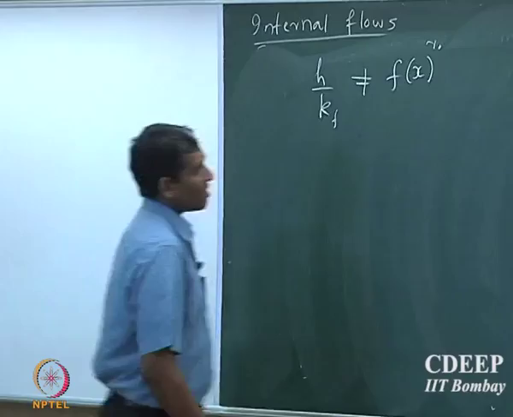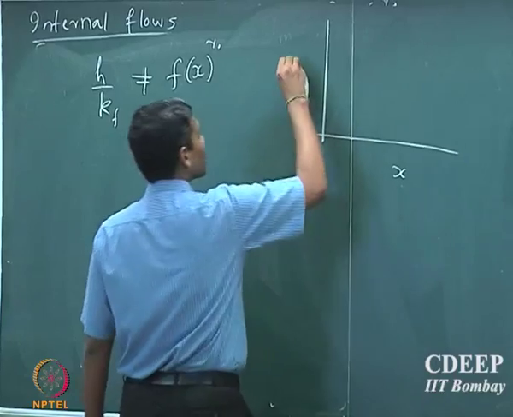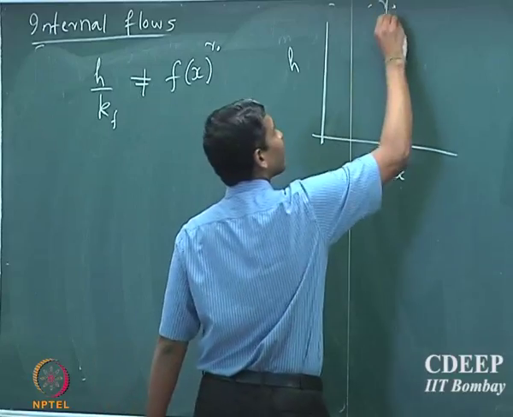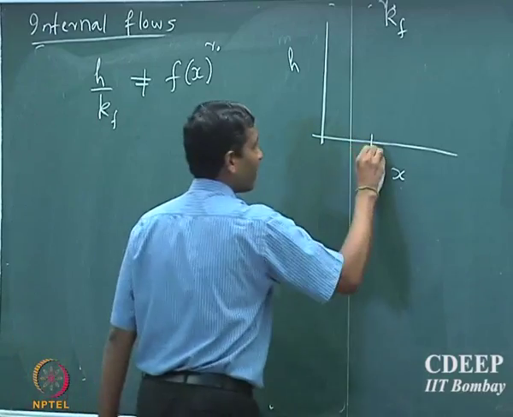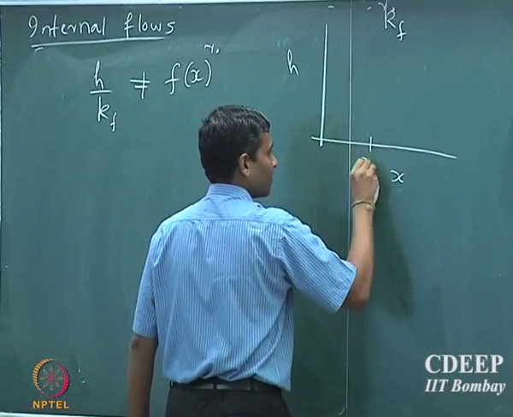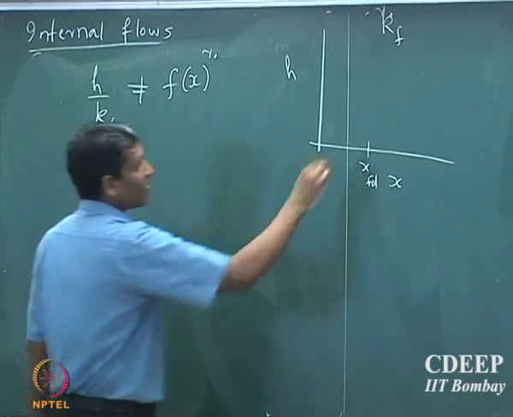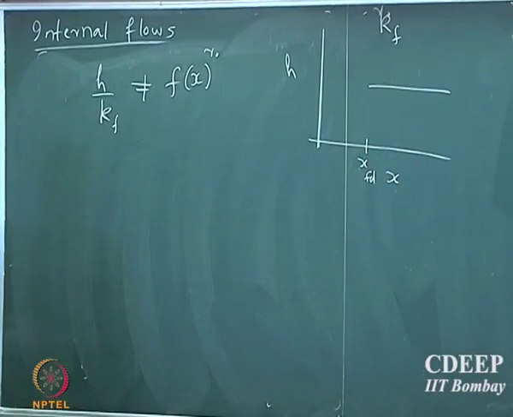Now as a result, if I draw a plot of x versus the heat transport coefficient for a fixed kf, supposing this is my fully developed regime that starts at that location, the heat transport coefficient is constant, it is not a function of the axial position.